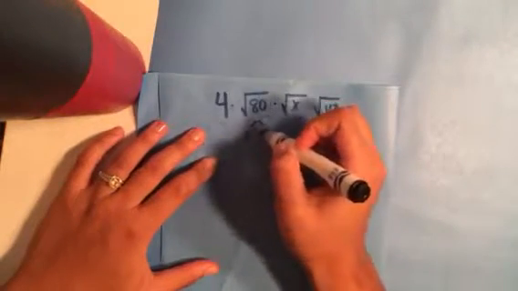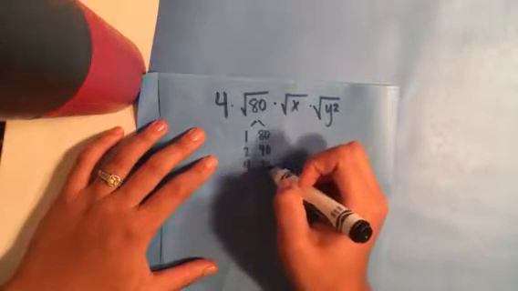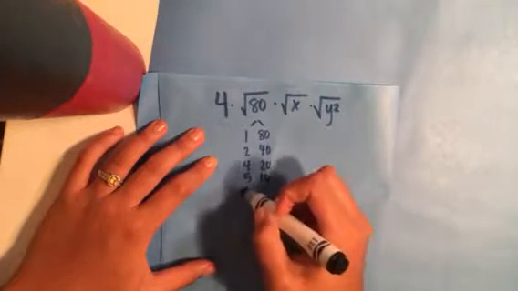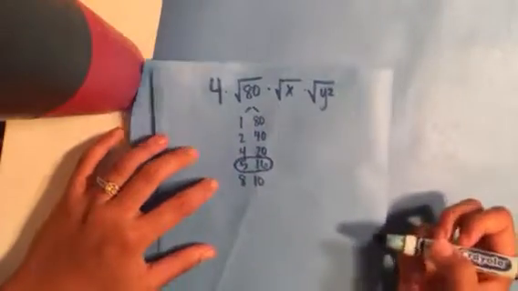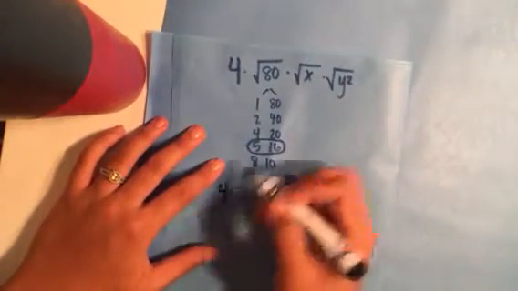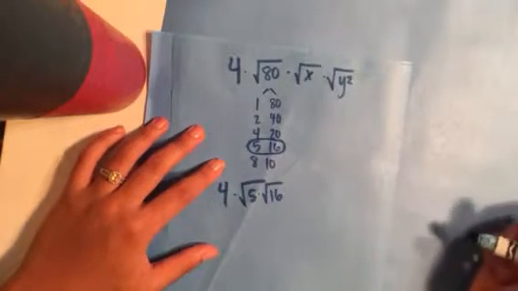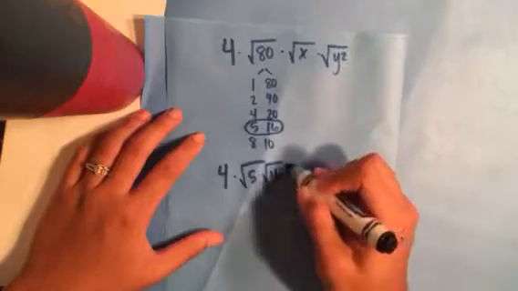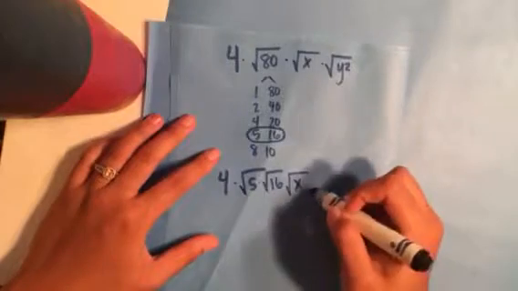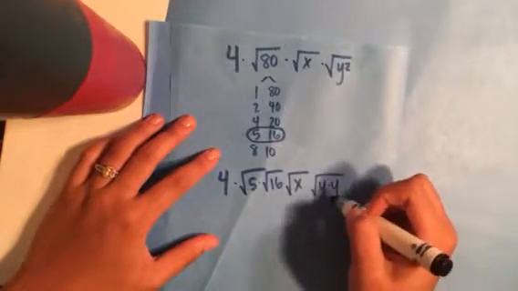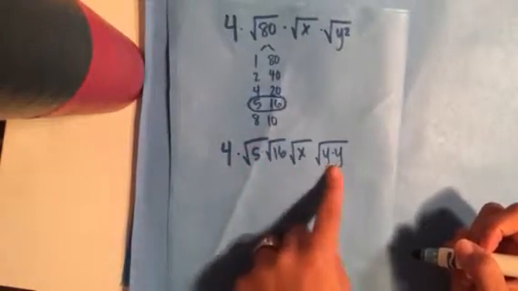So when we factor 80, we see the largest perfect square is 16. So we know that we can rewrite root 80 as root 5 times root 16. And then we'll drop down that x. And we know that the only way that we could have gotten y squared was just to see it as y times y.